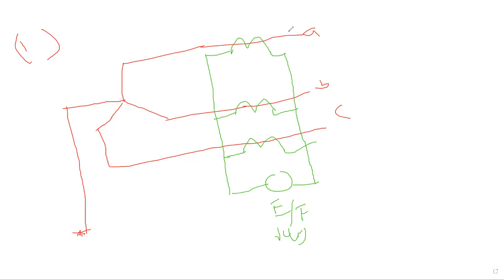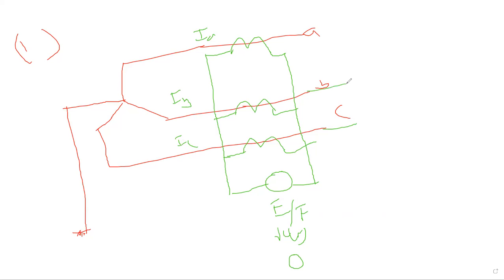Let's consider this is phase current IA, this is IB, and this is IC. Now the relay setting of this earth fault relay is 0. That means this relay will compare the current with 0. If the relay has current more than 0, the relay will operate. If the relay has current equal to 0 or less than 0, the relay will not operate.